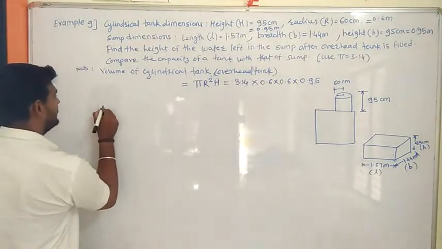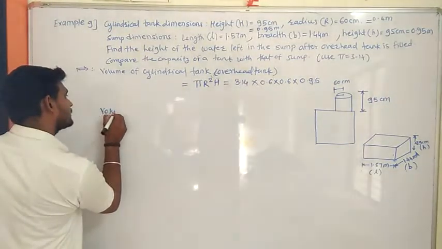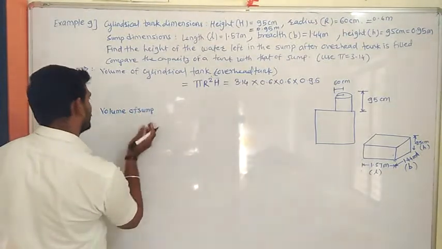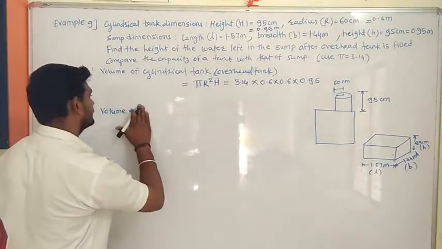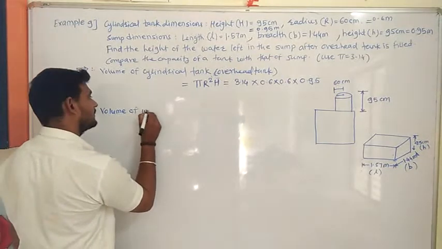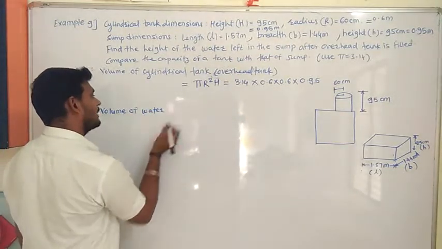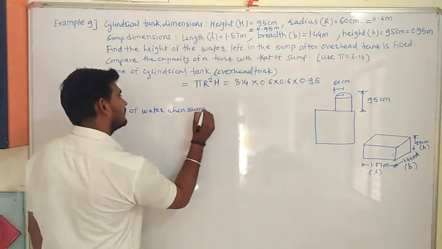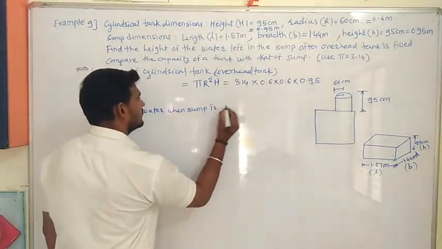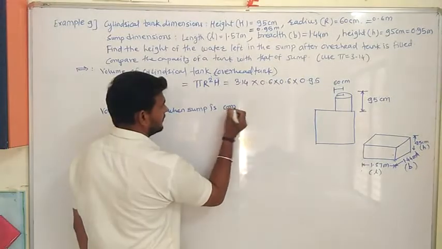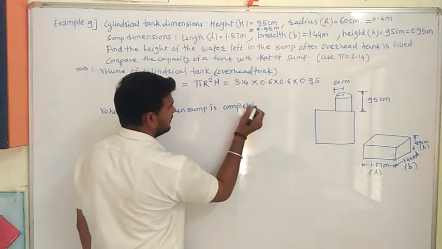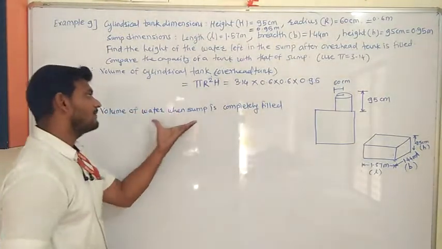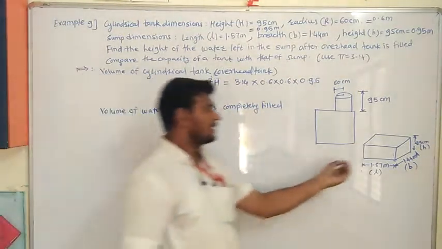Now we have to find the volume of the sump also. Volume of the sump, or you can write volume of water in the sump when the sump is completely filled.